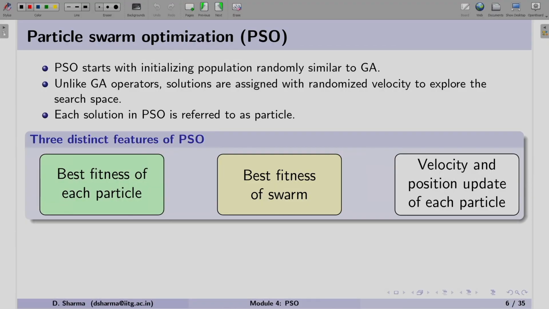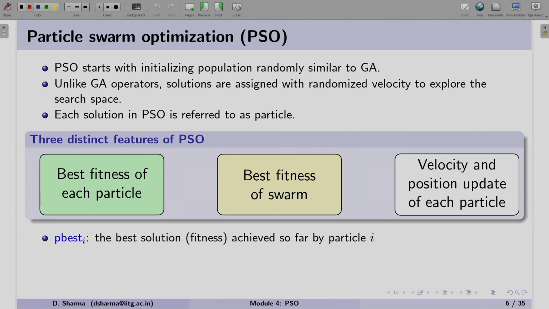So the three distinct features we talked about earlier: first, each particle is looking for its best position, so the best fitness of each particle is kept. Similarly, we also look for the best fitness of the swarm, and accordingly we update the velocity and the position of each particle.